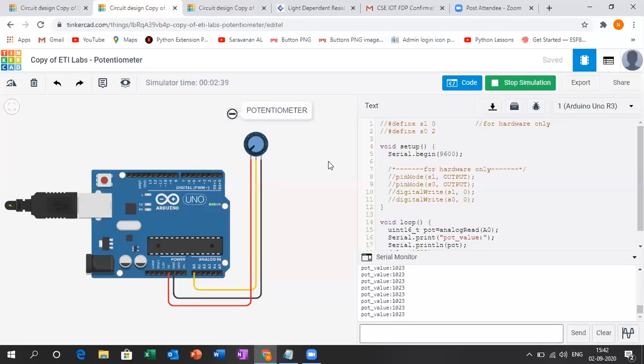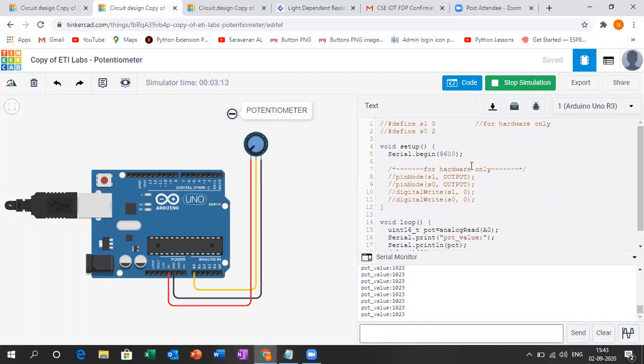So you can combine the resistor and potentiometer in series, so that you can fine tune that resistance using the potentiometer. You can also make a fan regulator using potentiometer. So it's just an input. You can use it for any application.